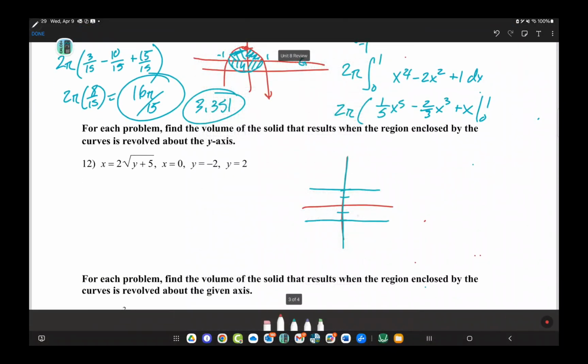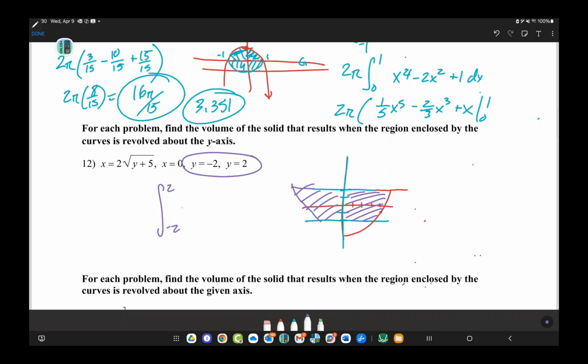So it is this area being rotated around the y-axis. All right. So, nice thing is they kind of give us the bounds for y, -2 to 2.